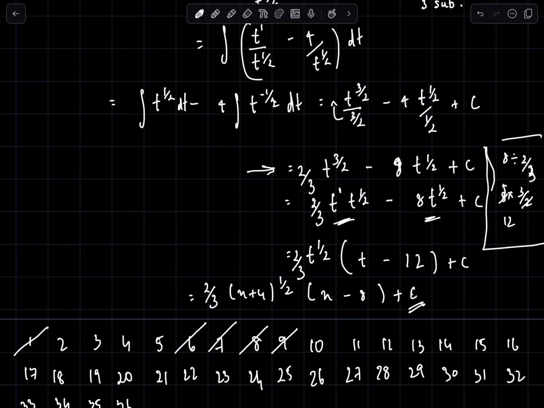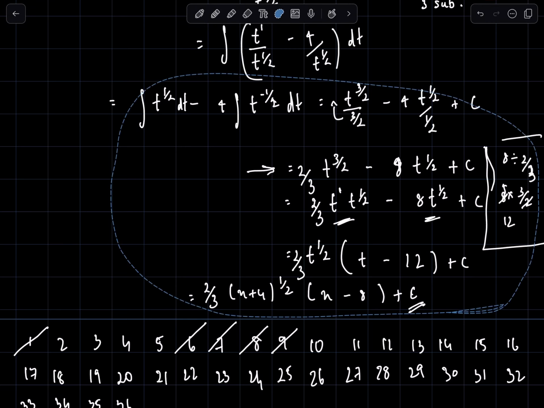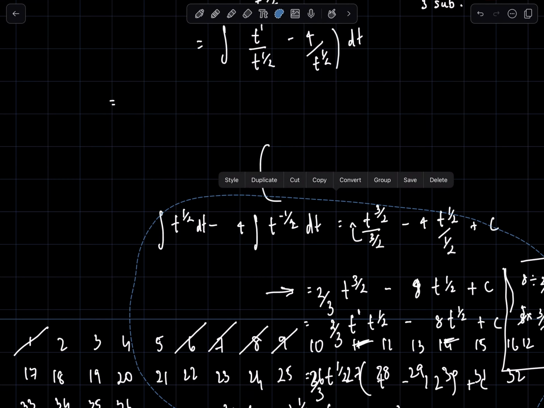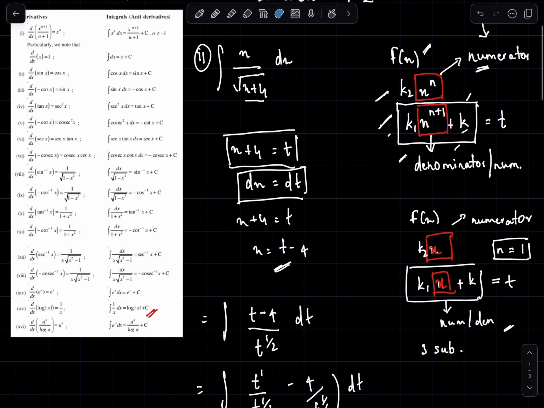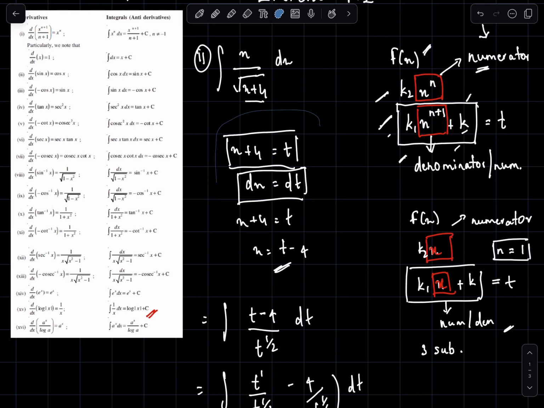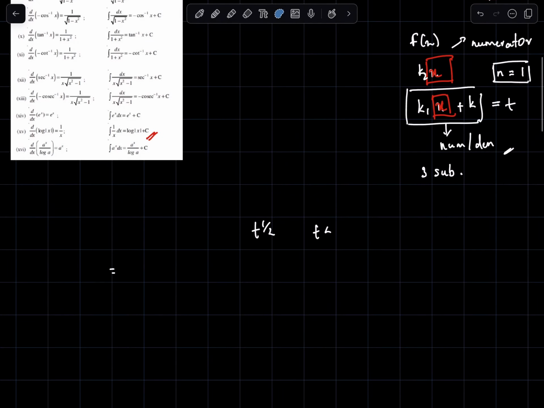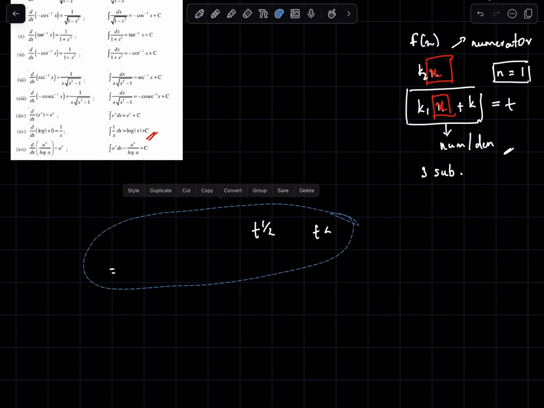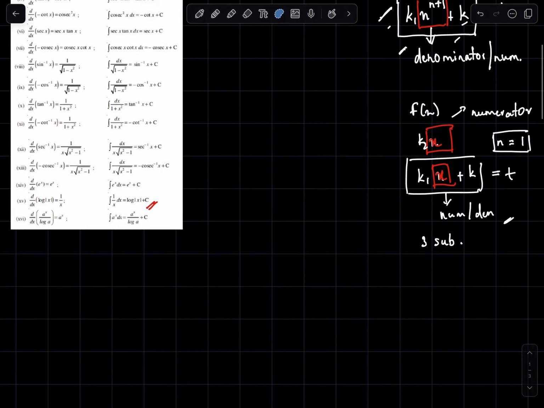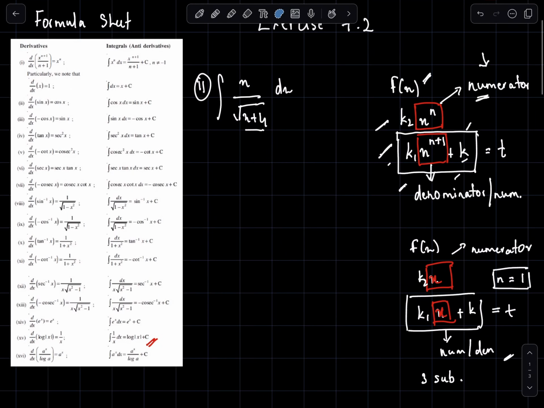So this was quite a big sum. I didn't expect it, but something as simple as x by x plus root of x plus 4 turned out to be a very lengthy sum. I guess it's the powers, half and this thing, they're quite irritating to have these kinds of powers.